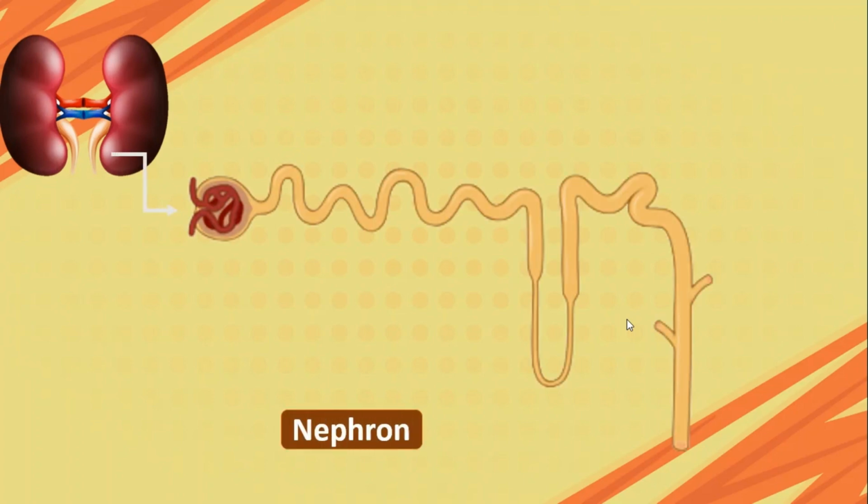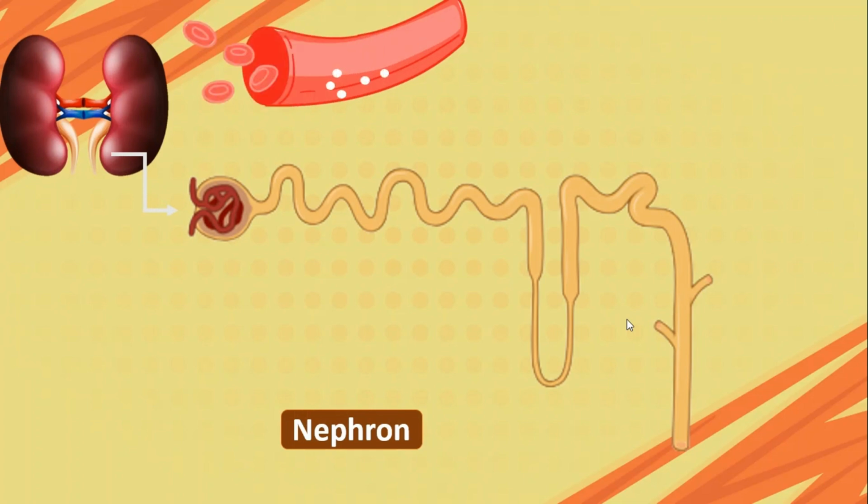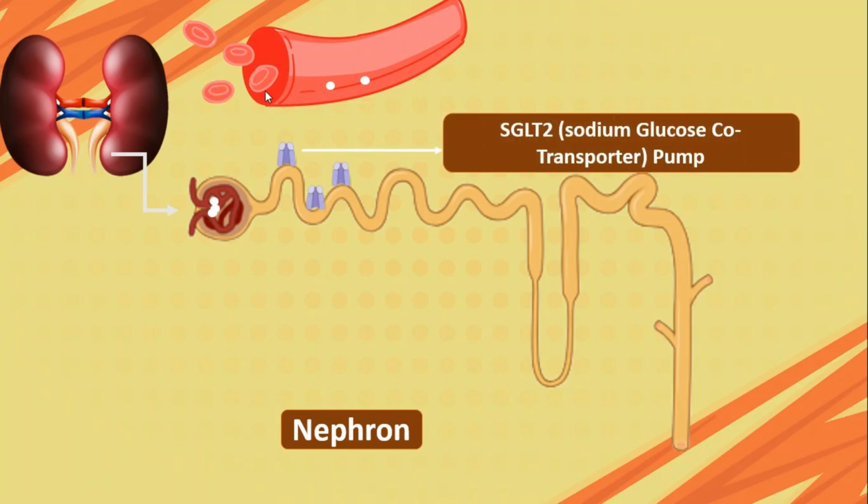Within the kidneys, there is a structural functional unit of the kidney present, which has been named the nephron. So, when we say that the glucose from the blood enters into the kidney, within a kidney, actually glucose enters into the nephron. On the nephron, there are specialized pumps or proteins present.